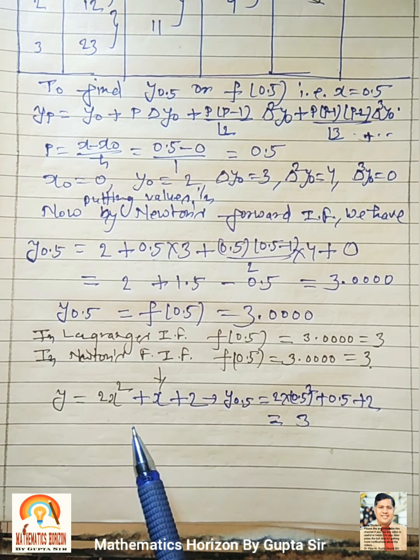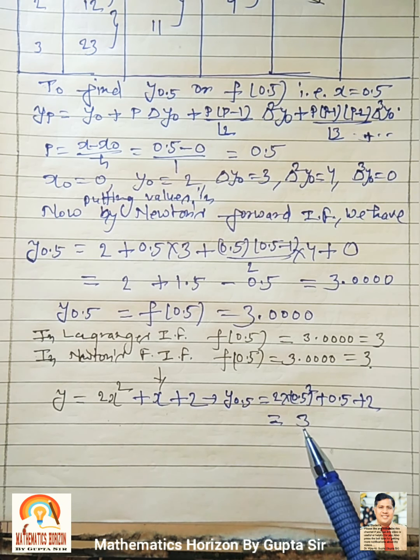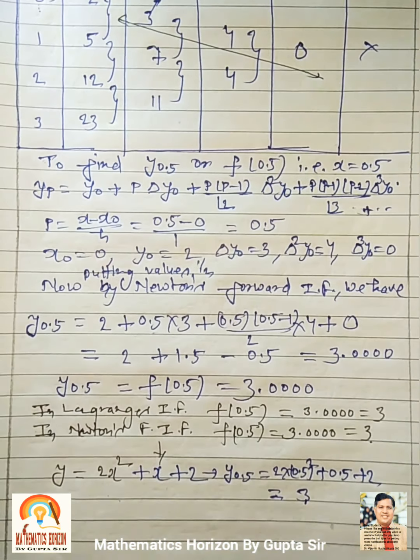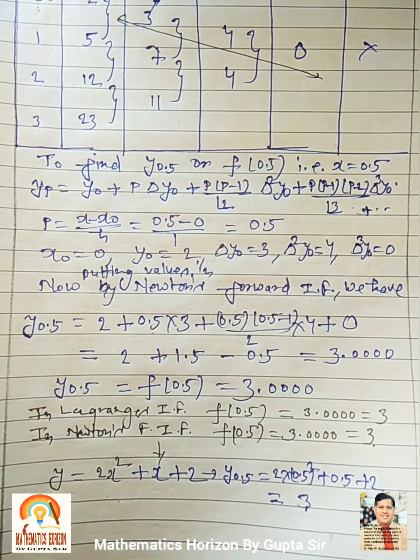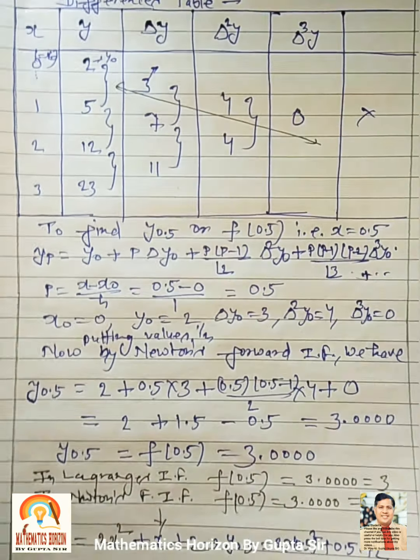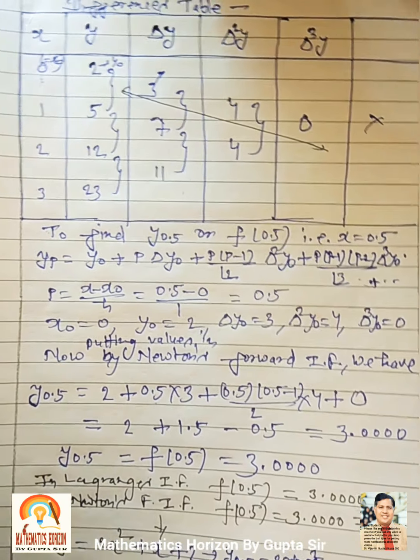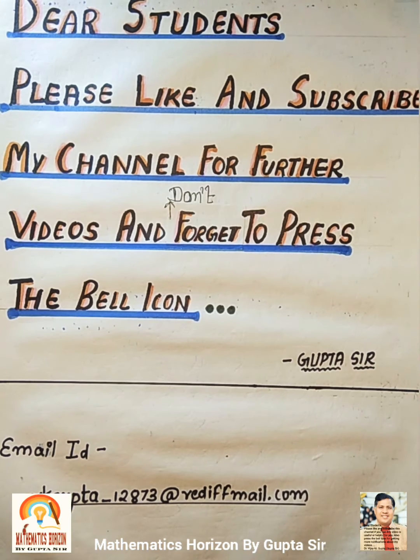This is not given in our question, but I am showing you what the exact value is. When we put x equal to 0.5, we get the same answer. This means this method is capable of finding the answer up to the desired degree of accuracy. I think this method is clear to all of you.